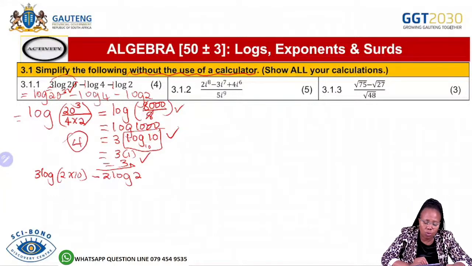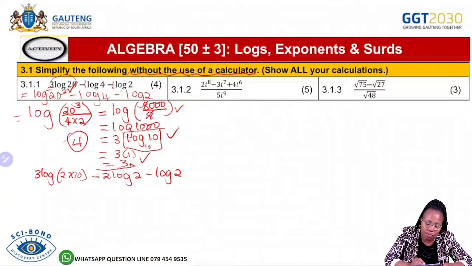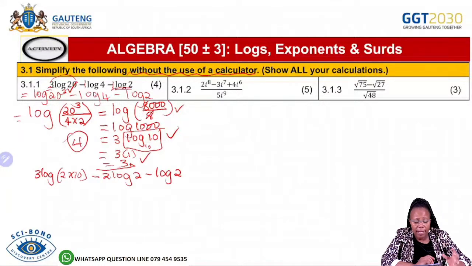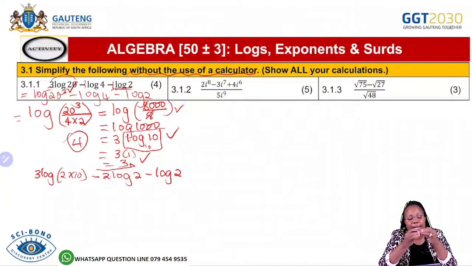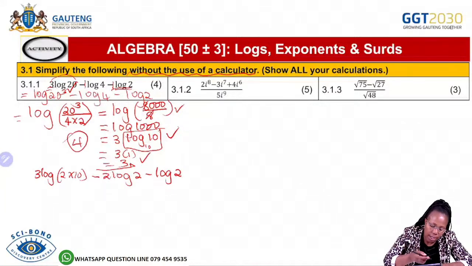Then it's 2 log 2, and then minus that last one, which is log 2 from this one. The learner is trying to create same log 2 throughout, okay? And then now we have 3. Remember, these 2, they share the same 3 log there. So that means this will be equal to 3 log 2.